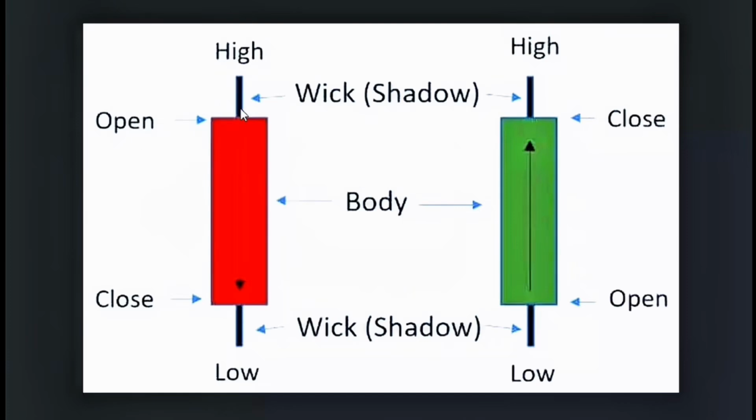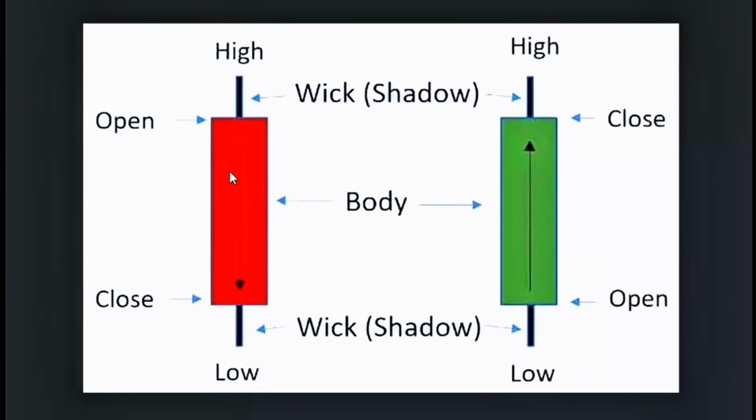So when market opens, if market is in bearish mode, if market opens here, it first of all creates this wick. In most cases, it first of all creates this wick, then it moves up to this point, then comes back and closes at this particular point. And if the market is bullish, it first of all opens at this particular point, creates this particular low, and then moves up to this particular high before it comes back and closes at this particular point.